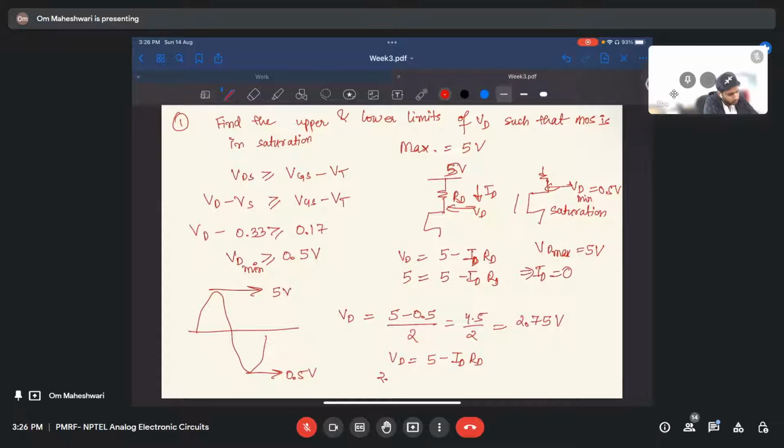So 2.75 equals 5 minus ID RD. ID we know, 119 micro. So RD equals, excuse me, I think there is a calculation error.